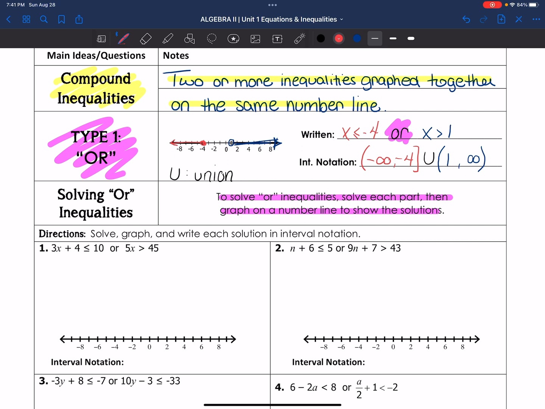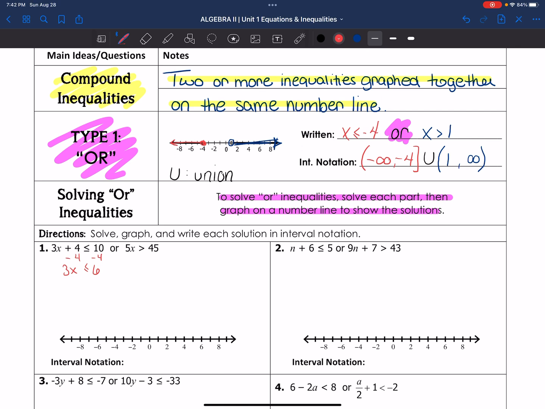So I'm going to focus here on this first piece and solving it. In order to solve 3x plus 4 less than or equal to 10, I'm going to need to subtract 4 on each side. On this side, we'll be left with 3x, and on the other side, it simplifies to 6 when you subtract 4 from 10.